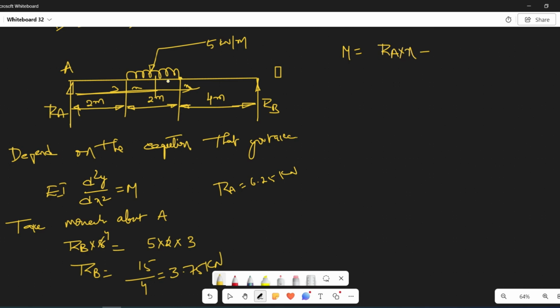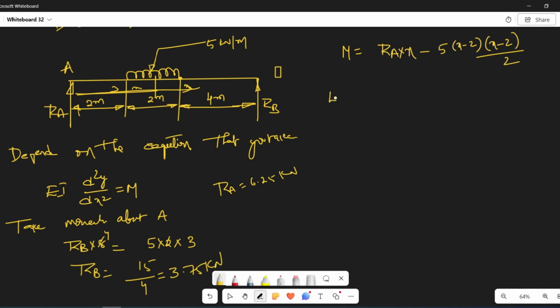As we are calculating from the left; if you calculate from the right, then RB into 4 is positive. Now 5 into, if this total is x, this portion can be written as x minus 2, and when you multiply it with the distance, the center of gravity will lie at the middle of the span.